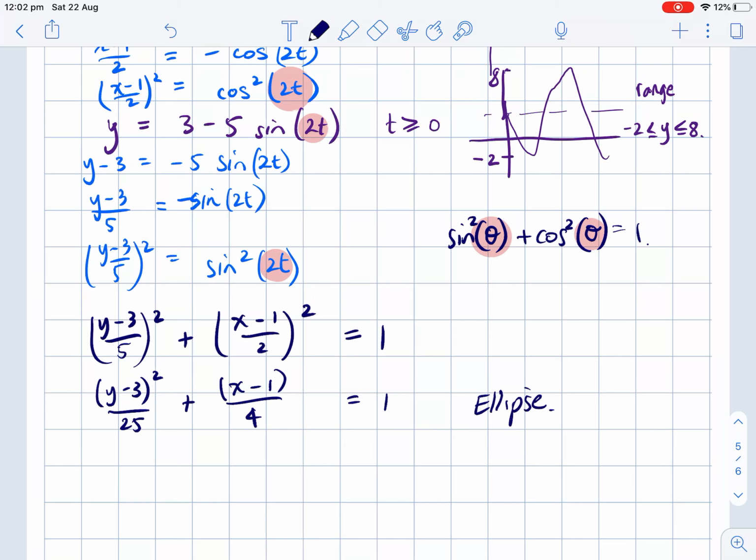And we can see that this is an ellipse because I've got a plus and I've got an equals 1. So I know it's an ellipse. My ellipse has moved on the y-axis 3 places up, and it has a major axis of 5, because 5 squared is 25, and on the x-axis it's moved one place to the right, and it has a minor axis of 2. And I just realised I forgot the squared on my expression there.